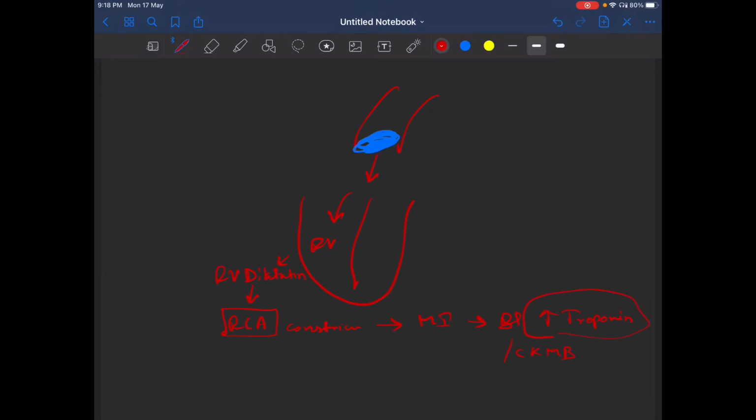Troponin is the better marker. This is one of the causes of MI, and this dilatation of the right ventricle will impede the function of the left ventricle also. This leads to shock and gross hypoxia, and this in turn can also precipitate MI. So it is a very vicious cycle. This is what happens when there is an embolus obstructing the major arteries.